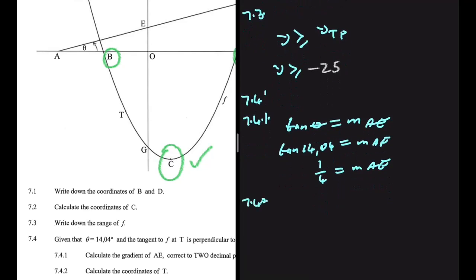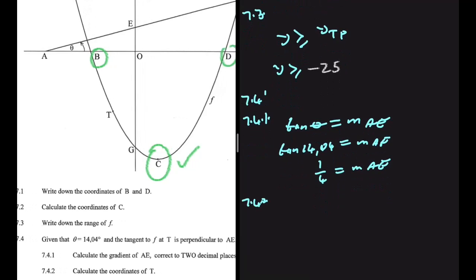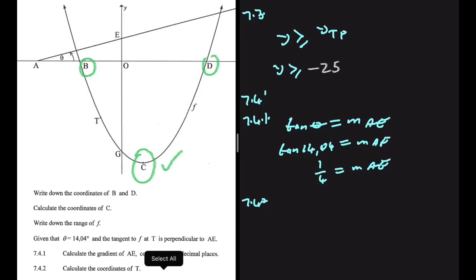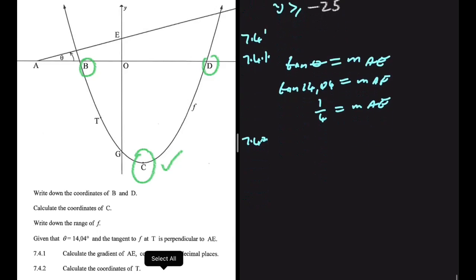Let's look at the question that follows, 7.4.2. Let's calculate the coordinates of T. We are told that T lies on a tangent that is perpendicular to AE. So we can find the gradient at T with ease. Because if the tangent is perpendicular to AE, then the gradient of the tangent multiplied by the gradient of AE will give us minus 1.